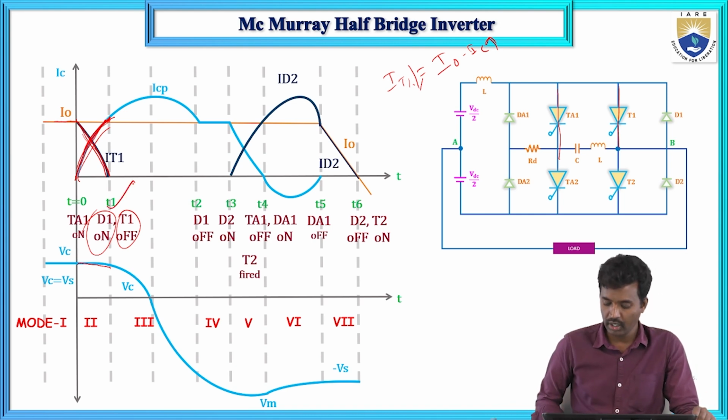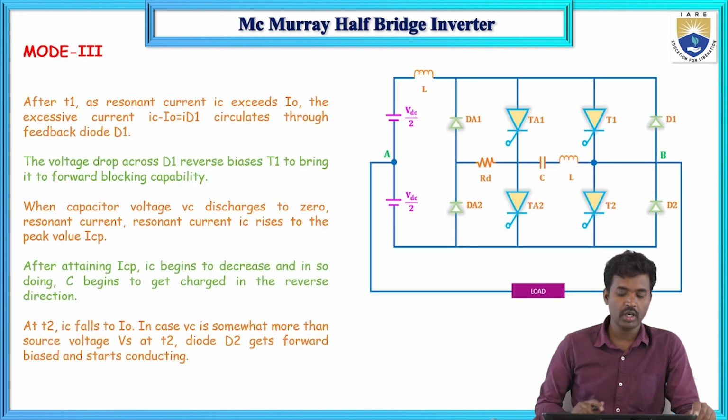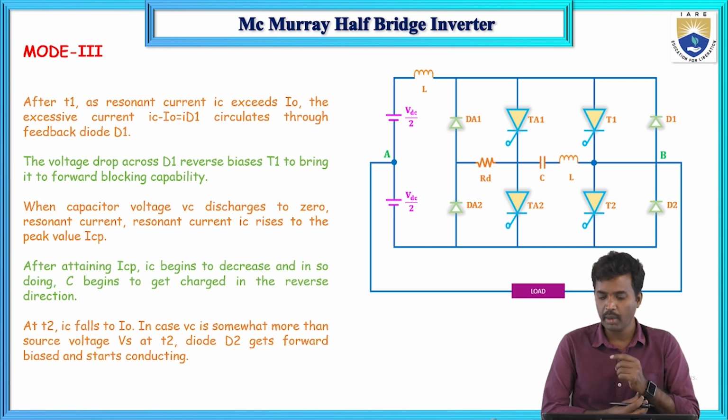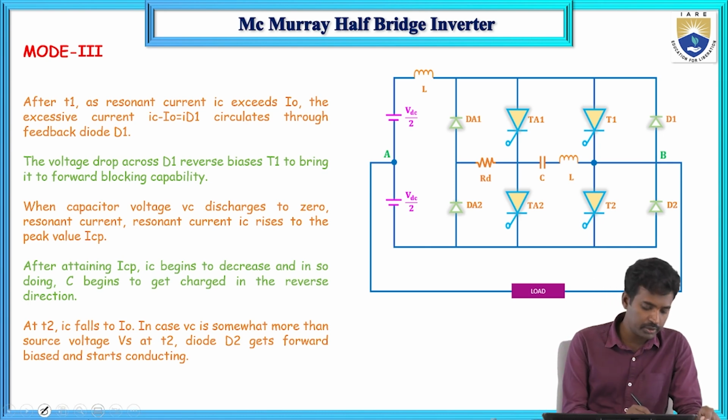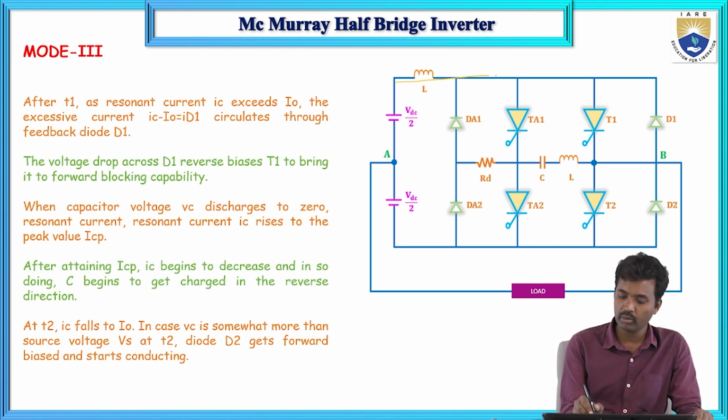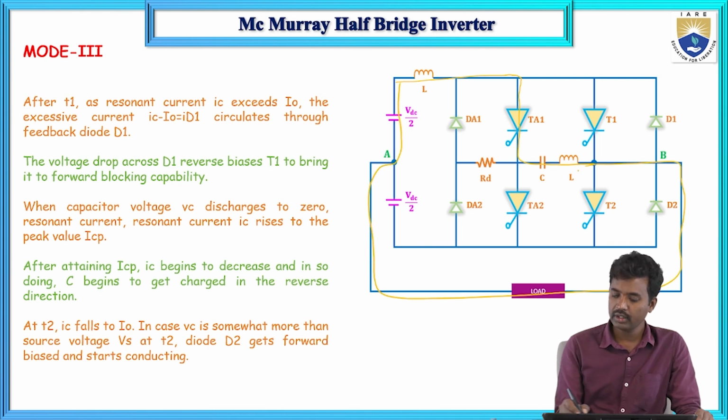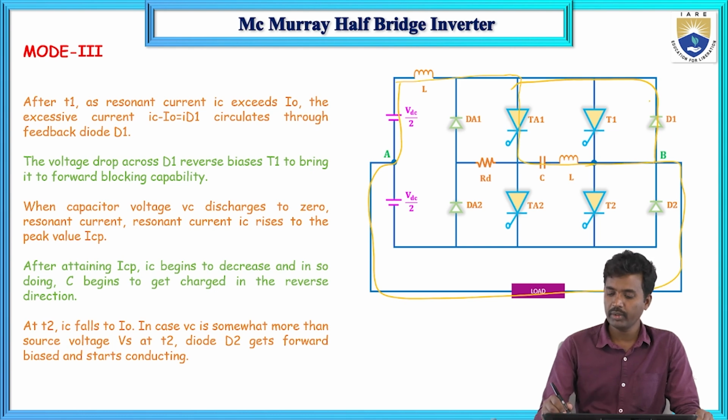Now in the third mode of operation, what will happen? Let me change the color over here. In the second mode operation, this is the case. Here this is the load, and next D1 will conduct.